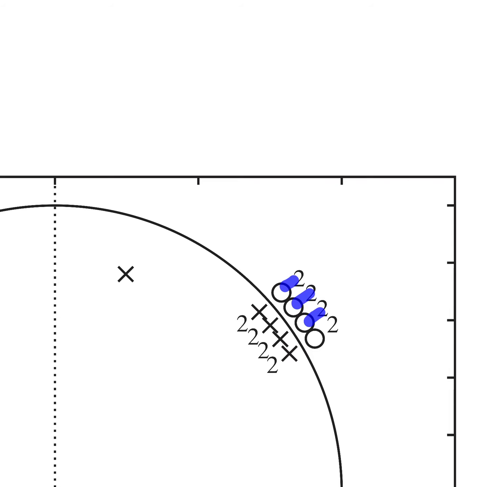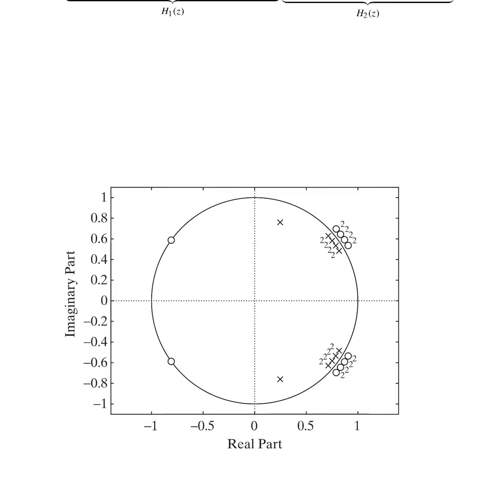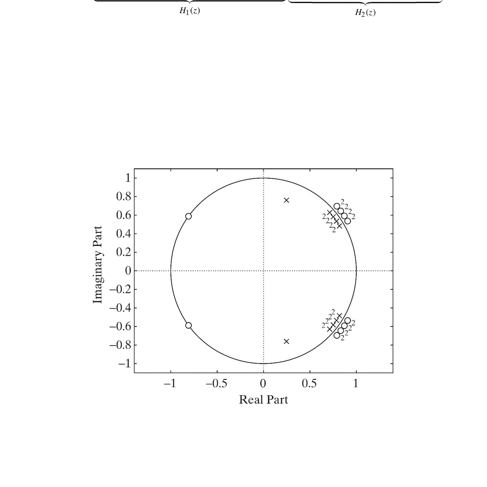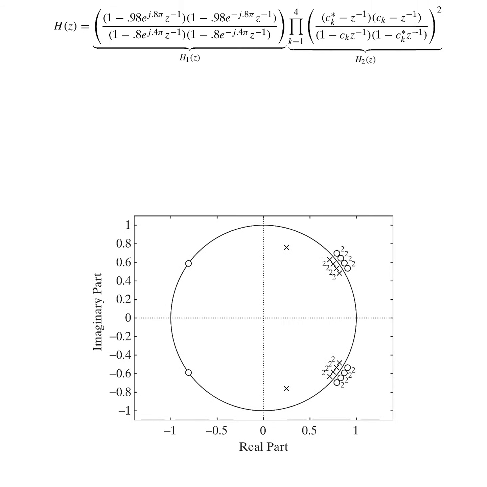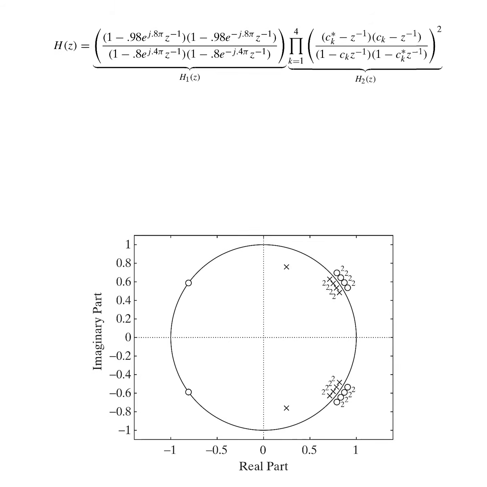Similarly, two zeros here, two zeros here, and two zeros here, and this cross is two poles. So in total you have 8 zeros and 8 poles. Of course they appear as complex conjugates in the representation of the transfer function. This is how the pole zero plot of this transfer function looks.